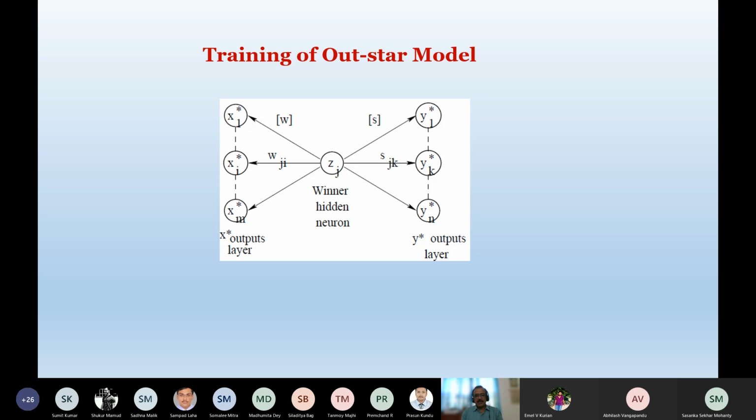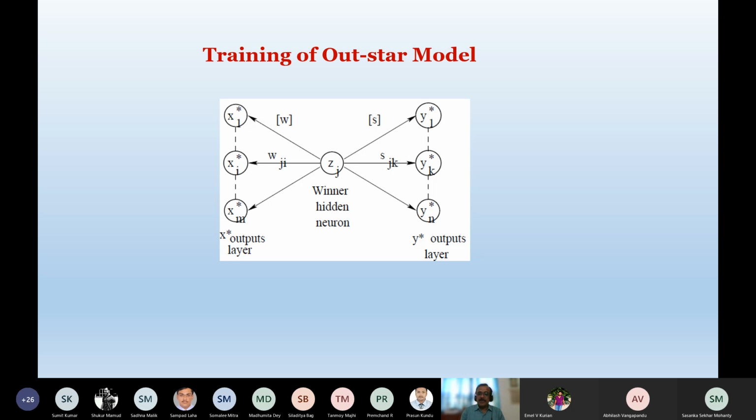That is the responses. The connecting weight between the winner hidden neuron and your X star output layer is denoted by the W matrix, and the connecting weight between the ZJ winner hidden neuron and your Y star output layer is denoted by your S matrix.